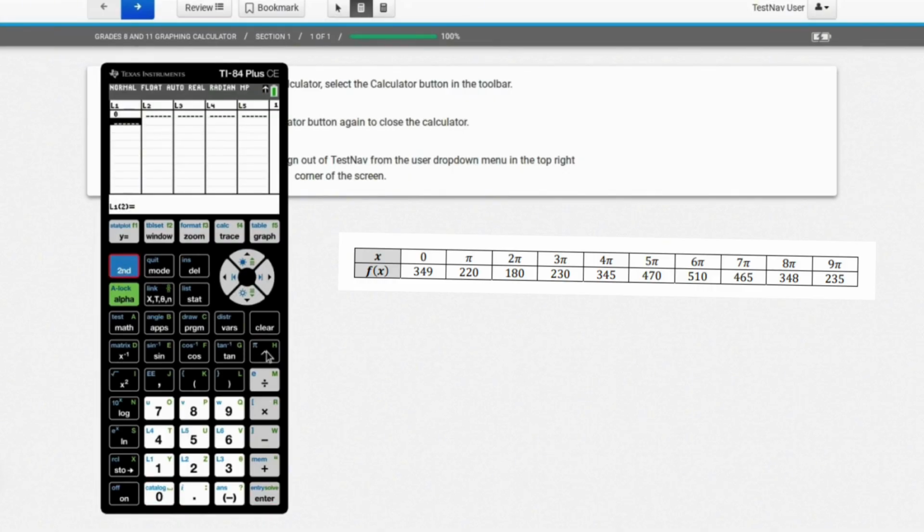So 1 pi, 2 pi, and we're doing this all the way up until 9 pi. Ugh. All right, well, feel free to fast forward, because this is going to get pretty boring. Just me typing in a bunch of numbers like that, hoping I don't make a stupid mistake.